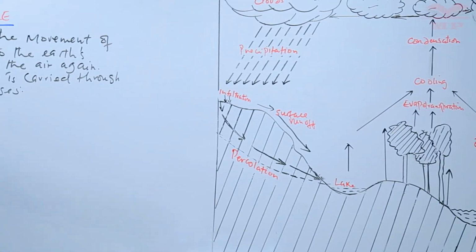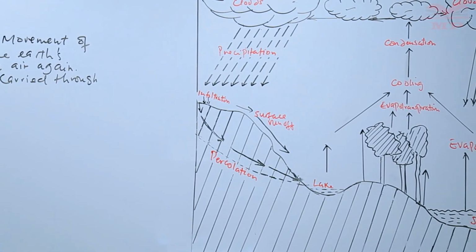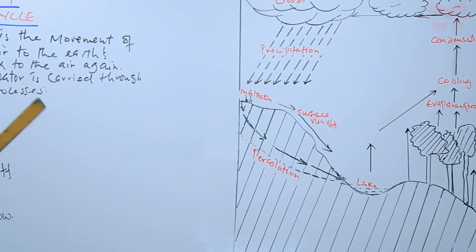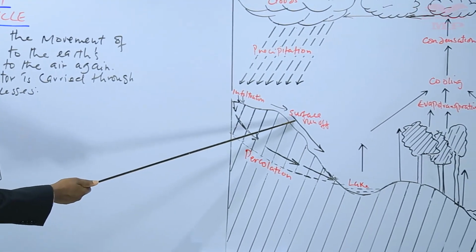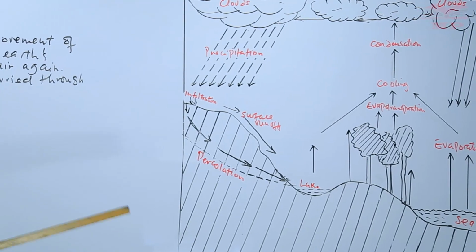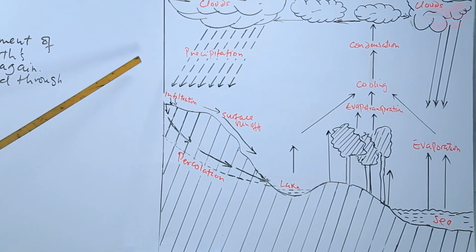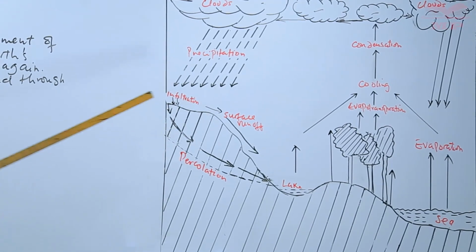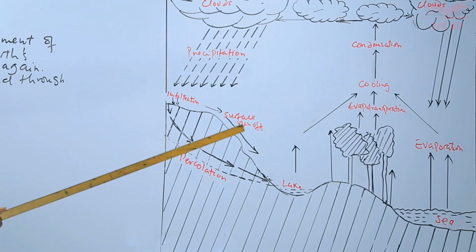Now, learners, the water, both the surface runoff and the water that flows through the rivers, the water that flows on the surface and the water that flows in the rivers, make up what we are calling overland flow.